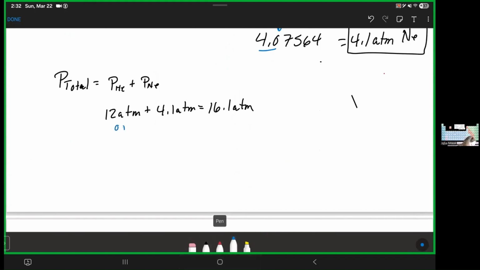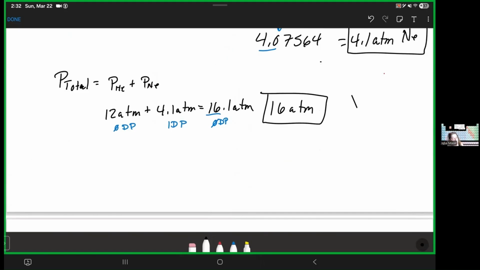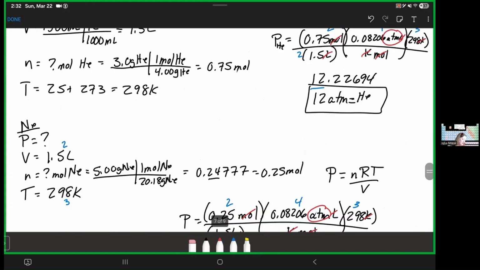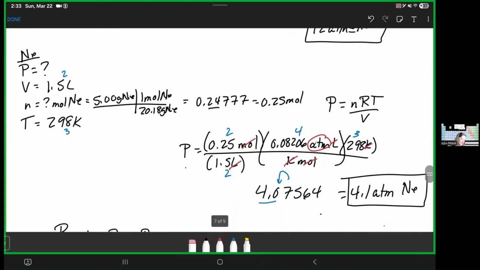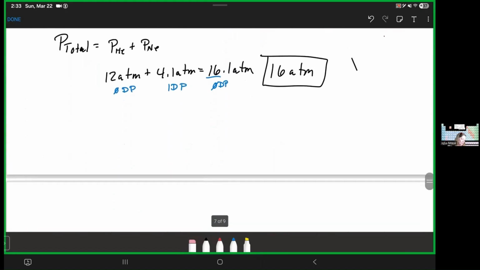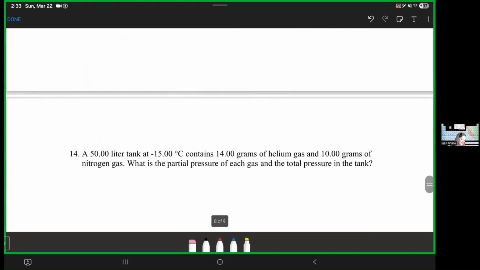We've got 0 decimal places here, 1 decimal place here. We're going to go with 0 decimal places in our answer. So 16 ATM is the total pressure, sorry. So my partial pressures of each one, helium was 12, neon was 4.1, and the total pressure together to sig figs was 16.